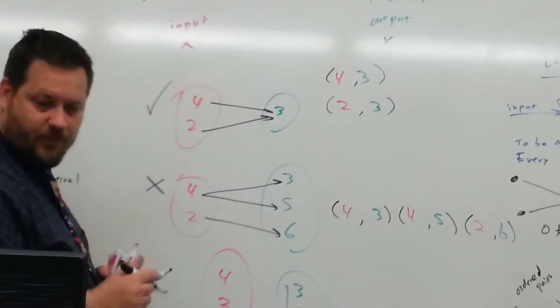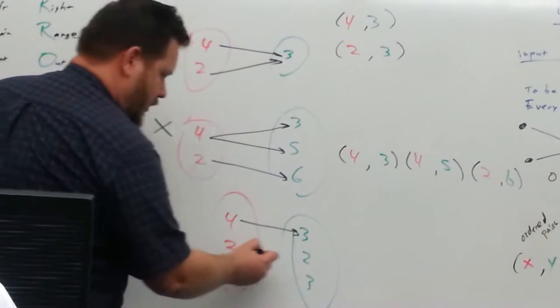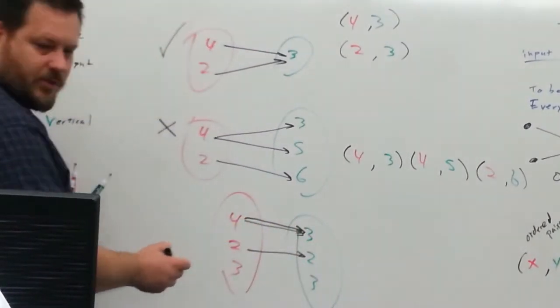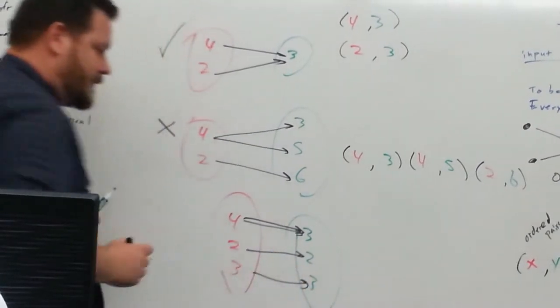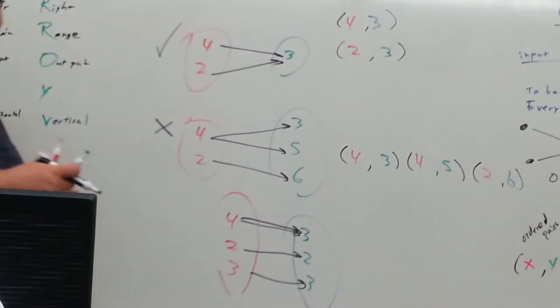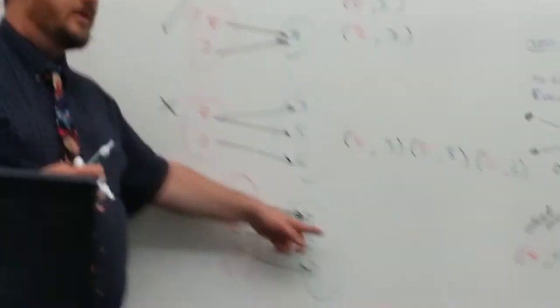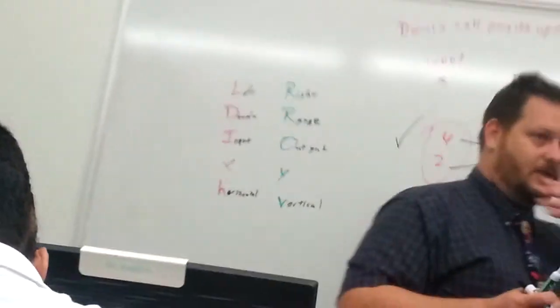In the letter C problem, you plug in a 4, you get a 3. You plug in a 2, you get a 2. You plug in a 4, you get a 3. Plug in a 3, you get a 3. That's okay, because for the same input, we got the same output. So that does meet the criteria that it has one and only one output. Just because you say it twice doesn't mean it's different.